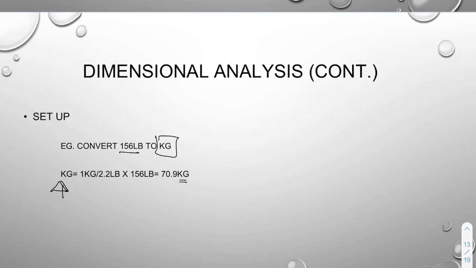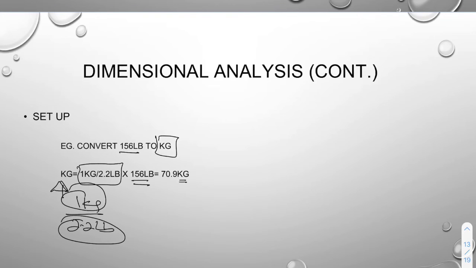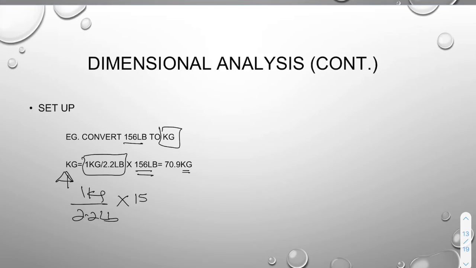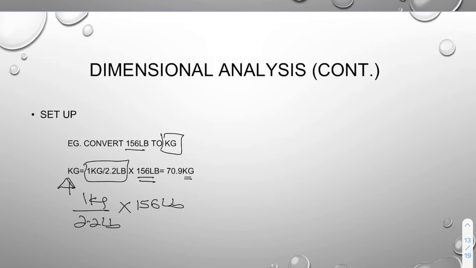Here the main idea is to multiply. When you have 1 kg over 2.2 lb, these two quantities are equal, so you are just multiplying 156 lb by 1. That doesn't change the value, but it helps you get rid of the lb. Now you can cancel the pounds and just divide the number.